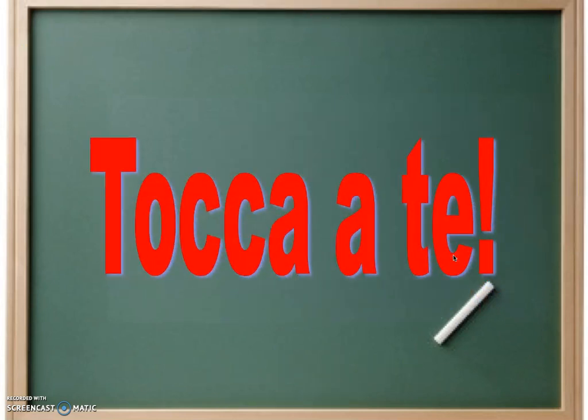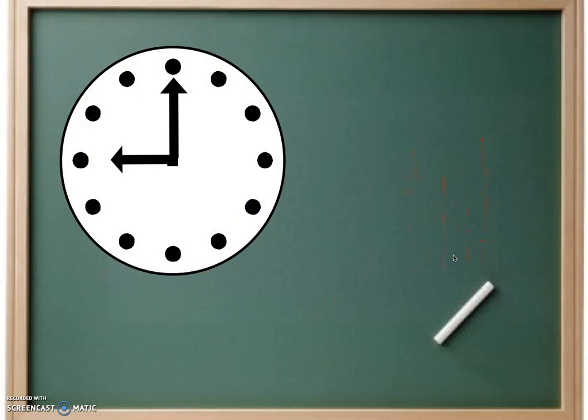Okay, now let's practice. This is my hour. It's pointing to the 9. It's an even number, meaning there's no minutes. How would we say it is 9 o'clock? Sono le 9. It is 9 o'clock.